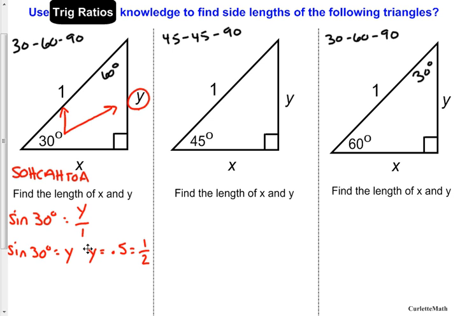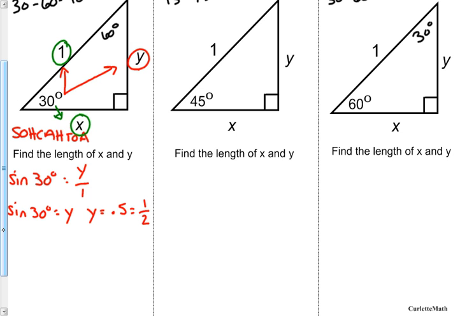Now, if we find our next side length, which is x, here we have our adjacent side and our hypotenuse. So to find this, we would use adjacent and hypotenuse, cosine. So the cosine of 30 degrees will equal x divided by 1. Well, that's just the cosine of 30 degrees equals x.